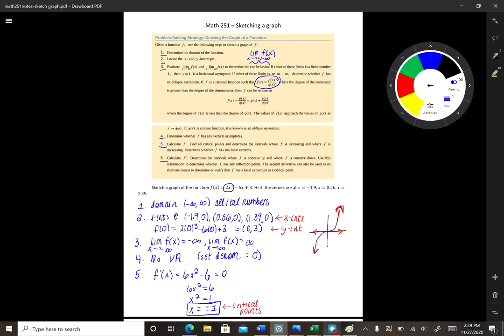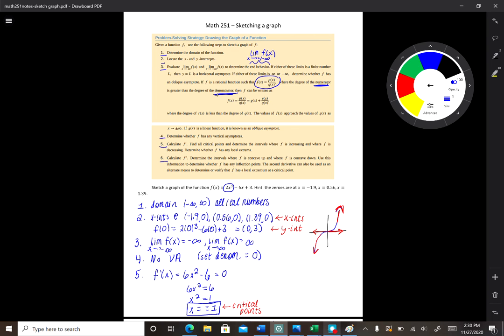So basically it's telling us how we can get the end behavior from a rational function, but we have to look at the degree of the numerator and the degree of the denominator in order to find the end behavior of a rational function.